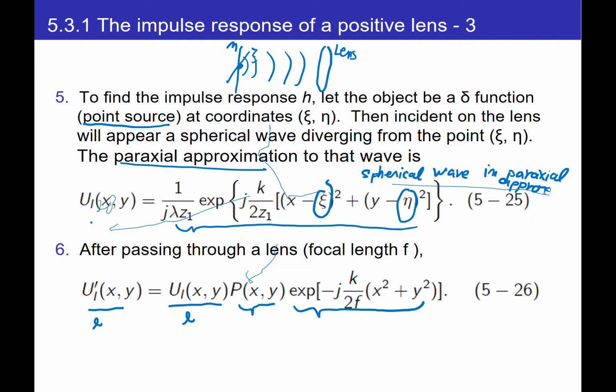The first case is that we get the spherical wave arriving at the lens, and after passing through the lens, we get this relationship. P is the pupil function, and this is the phase change of the lens.